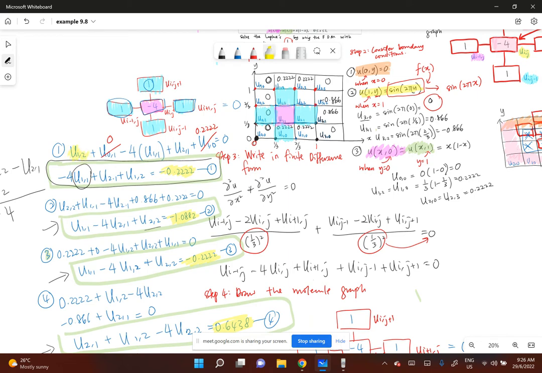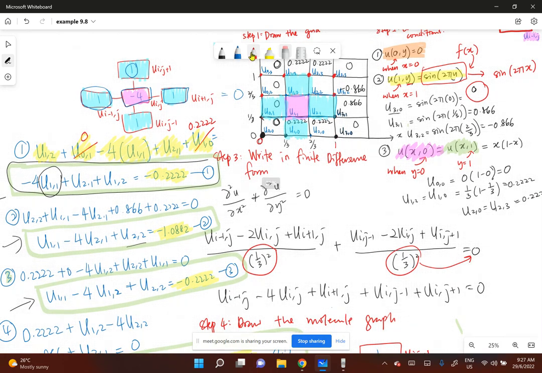Plus 0, U1, minus 4 U11, plus U21, plus U10. The same, right? Correct. So now here is equal to, can I write here? Which color should I write with? Blue. So equal to 1/9.